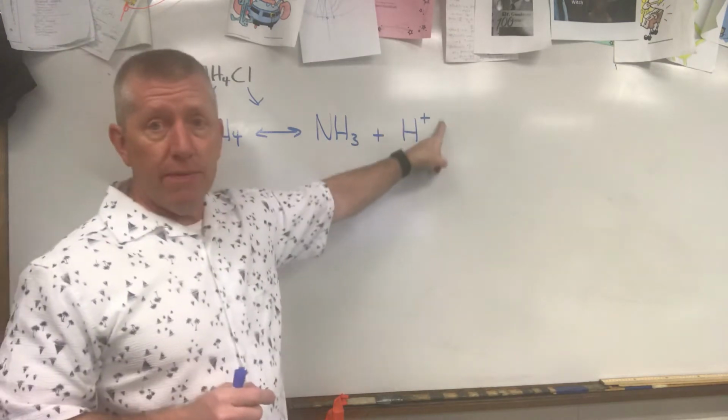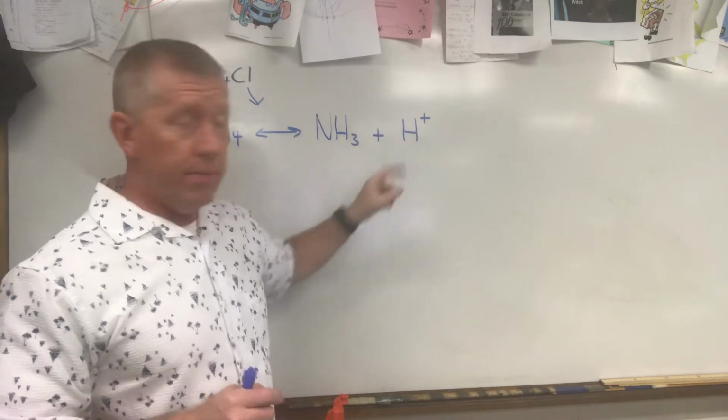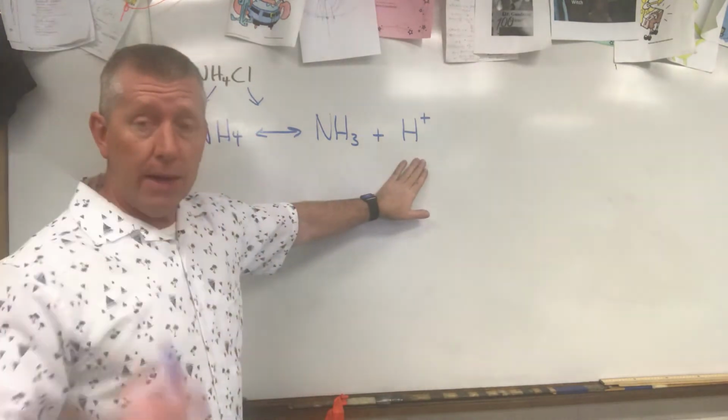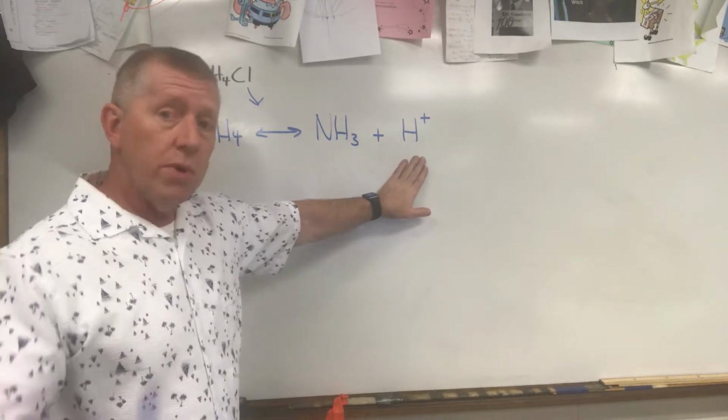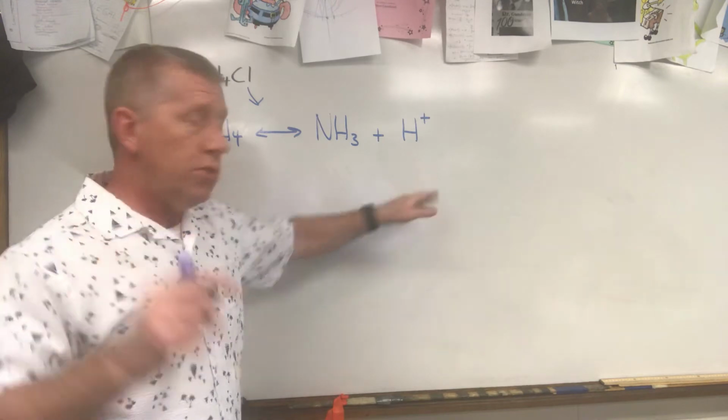We are going to have hydrogens floating around in here, because this is going to do some partial dissociation and cause those H's to be given off. So we should have more H's, and therefore we should have an acidic solution.